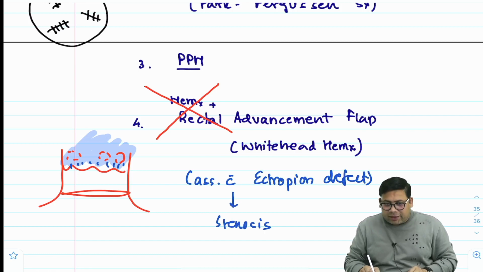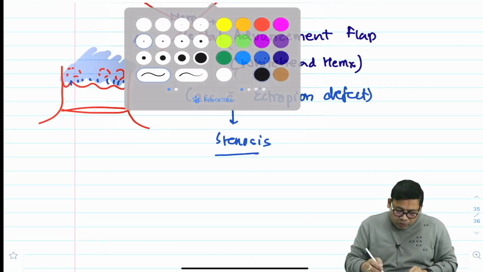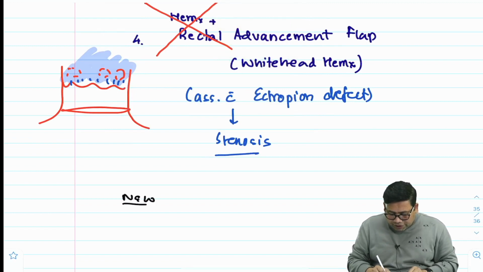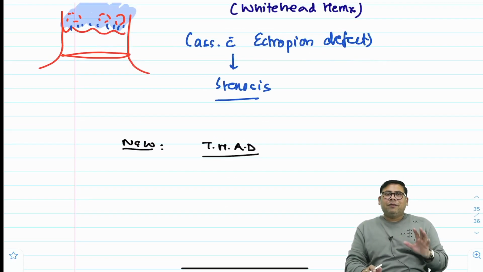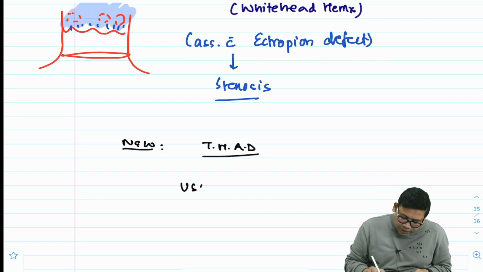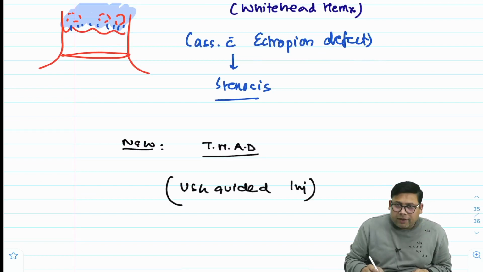Stenosis. Nowadays there is one more new intervention which has been started, that is THD. What is THD? Transhemorrhoidal arterial devascularization. So this is a USG guided injection into the hemorrhoidal artery.